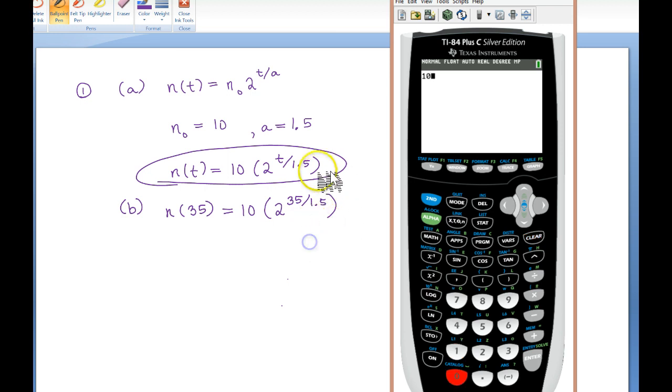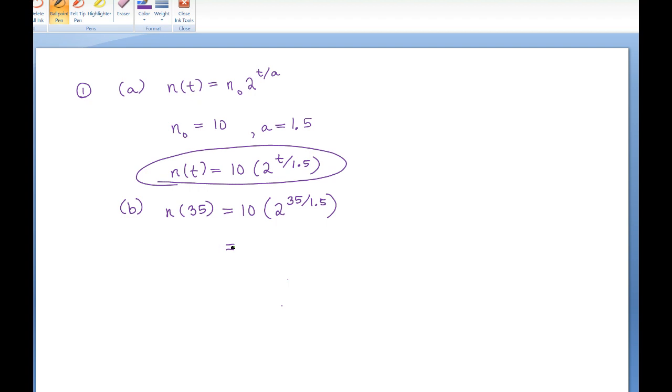So 10, and then I have 2 to the 35 divided by 1.5. And we are going to get a pretty big number here. I think in the back of the book they wrote it out in scientific notation. I think it depends on what your teacher wants, but this is actually more exact than what they have in the back of the book.